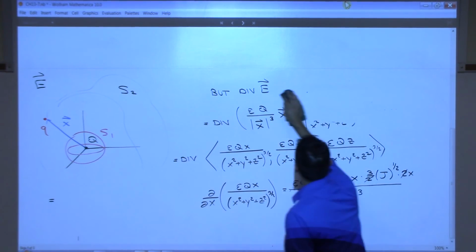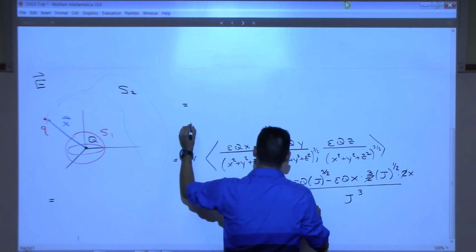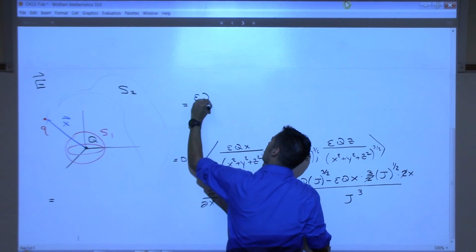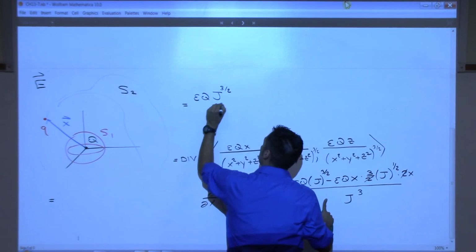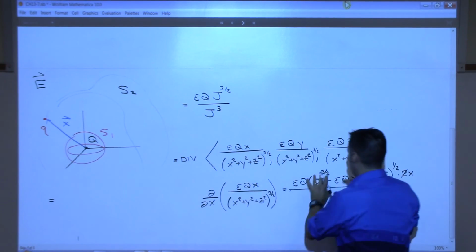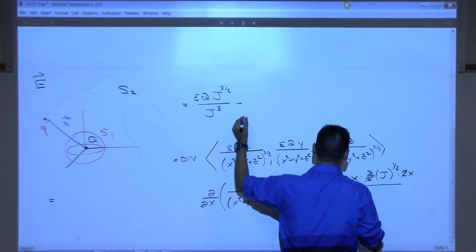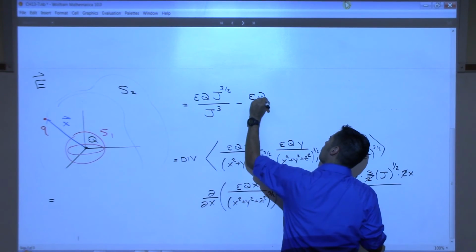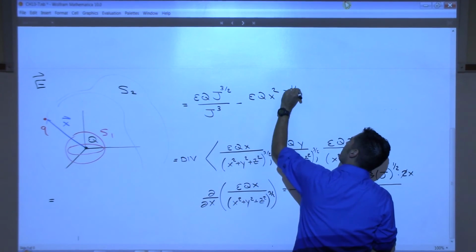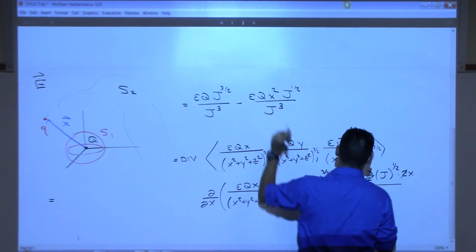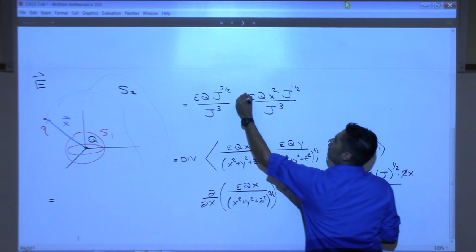So my div E is going to turn out to be epsilon q junk to the 3/2 over junk cubed. I'm splitting this up into 2 fractions. Then I have minus 3 epsilon q x squared junk to the 1/2 over junk cubed.